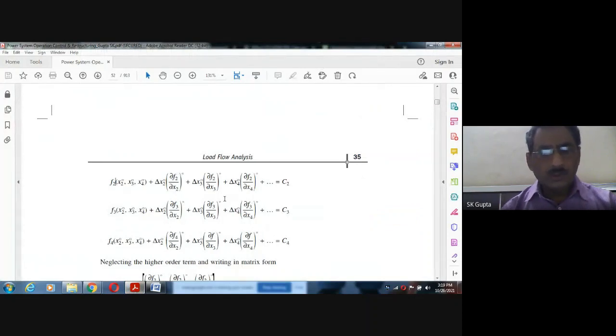So here now see, the estimated value of f2, then partial differentiation of f2 with respect to all.